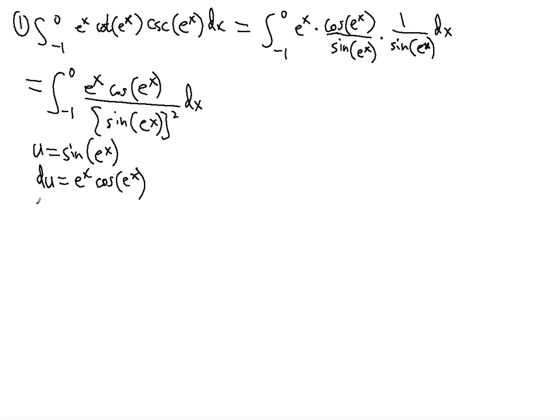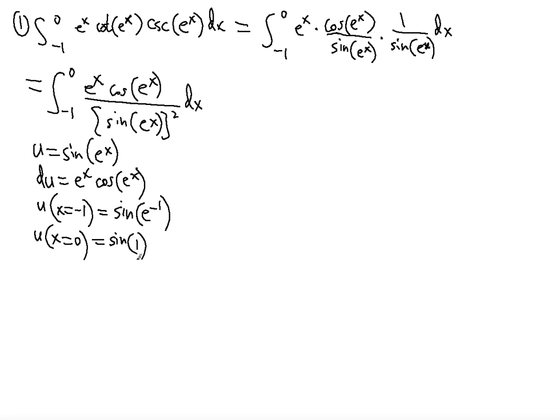And now we have to change the limits of integration. So u as a function of x, when x is equal to -1, we get sine of e to the -1. When x is equal to 0, u as a function of x will get sine of 1.